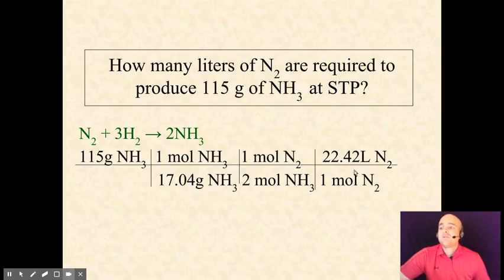The molar volume is always going to be 22.4 liters per 1 mole. It doesn't matter what gas this is. It could be nitrogen, carbon dioxide, helium, any type of gas. It will still always be 22.4. You don't have to go to the periodic table. Just remember 22.4. And then my final answer is going to be 75.7.